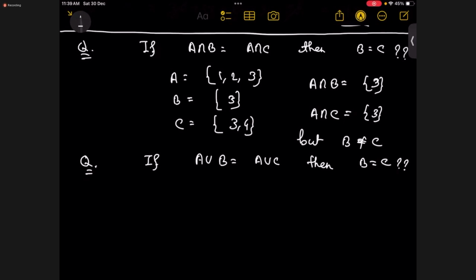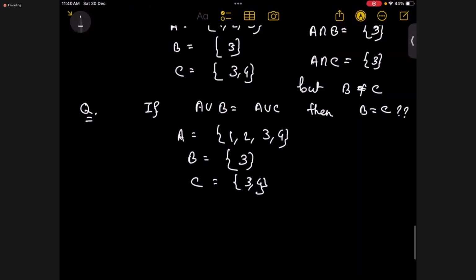The answer is again no. Why? Let us manipulate the previous example. Let us take A equals {1, 2, 3, 4}, B equals {3}, C equals {3, 4}.